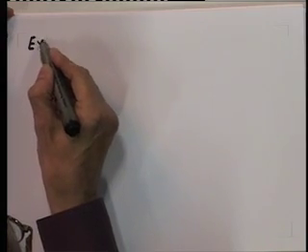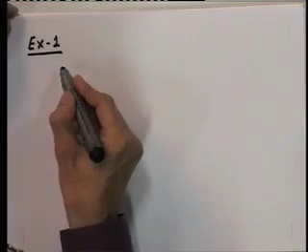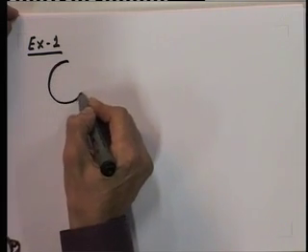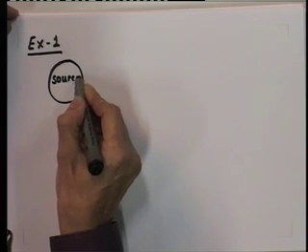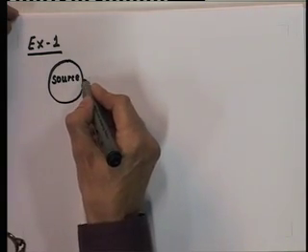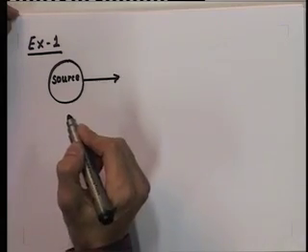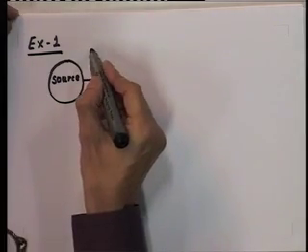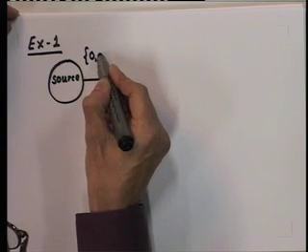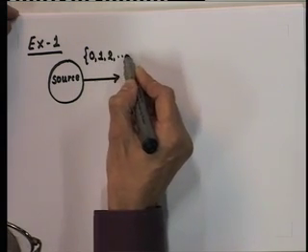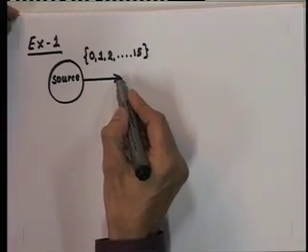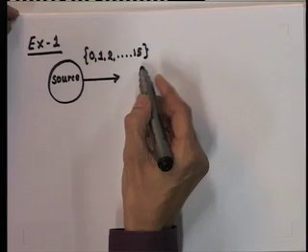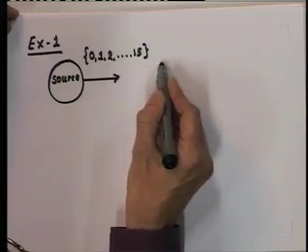So, let us consider example 1. Suppose we have a source whose output consists of 4-bit words 0, 1, 2 up to 15. Now, this is fed to a source encoder.